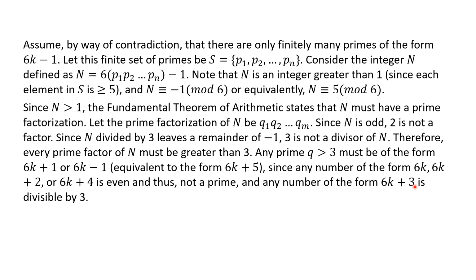And then even 6k plus 3 is divisible by 3. So we've excluded a number of the possibilities. For q, or any prime number greater than 3, it would have to be of the form 6k plus 1 or 6k plus 5, or equivalently 6k minus 1. So let's look into that a little further and see if we can find the contradiction.